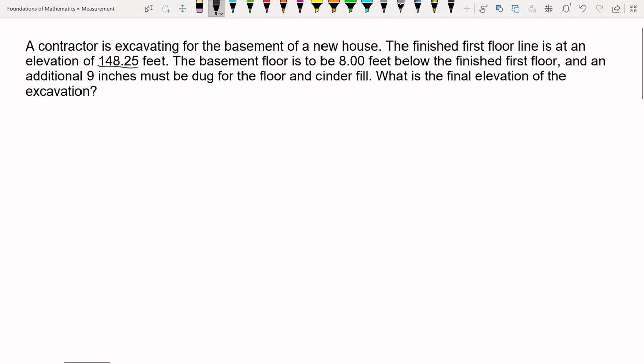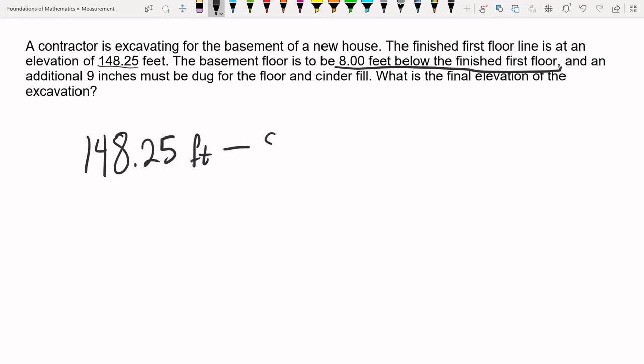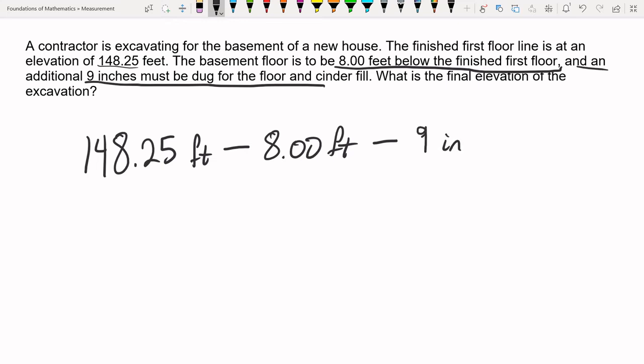So what we're going to do here is take the location of the finished first floor line and subtract off the 8 feet below it. Then it says an additional 9 inches must be dug for the floor and cinder fill. That means we have to subtract off another 9 inches.